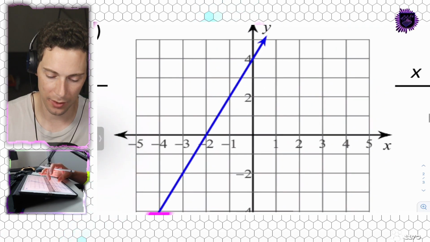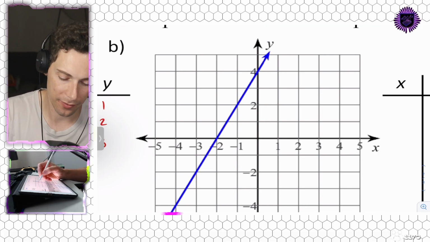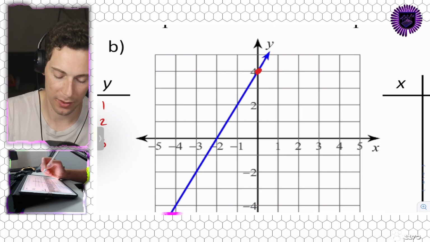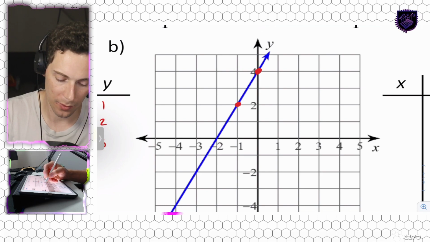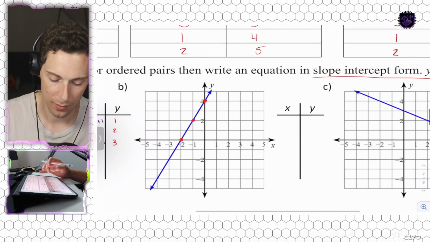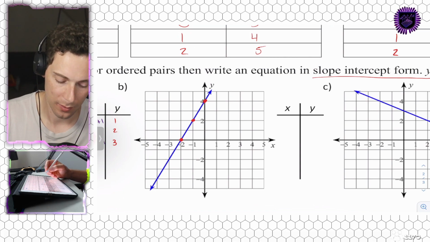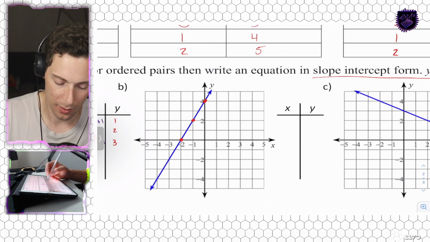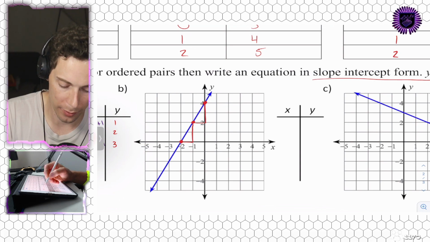Let's look at this next one here. So this one doesn't really work great in terms of moving this way. So let's do these ones. And let's go, we can make a prediction here. Up 2 over 1, up 2 over 1, over 1 up 2.